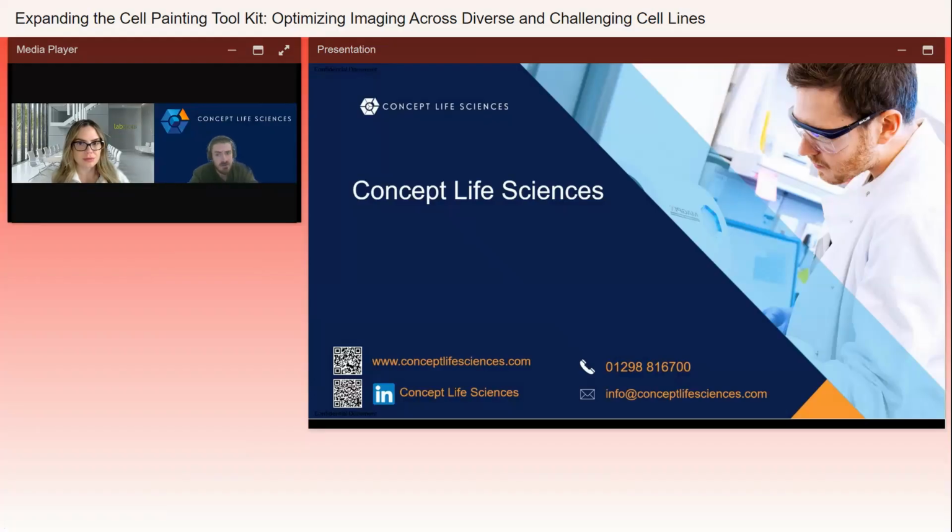Having the vehicle control on every plate, regardless of what's being ran, having a known cytotoxic compound on every plate, and then having these known reference compounds that should have robust reproducible phenotypes give you the best chance to make sure that the data is as consistent as possible. But there is always going to be some subjectivity to it. So in that case, it's good to be able to do a validation against known literature.